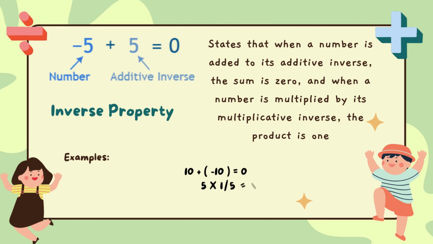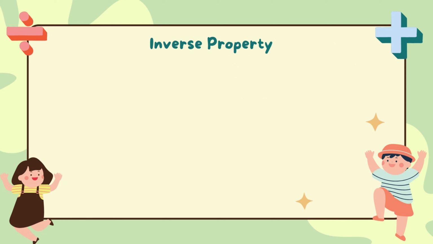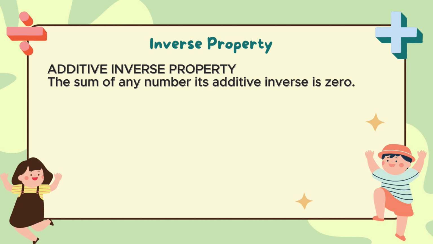Next property is the inverse property. The inverse property states that when a number is added to its additive inverse, the sum is 0, and when a number is multiplied by its multiplicative inverse, the product is 1. So, we have the additive inverse property: the sum of any number and its additive inverse is 0.